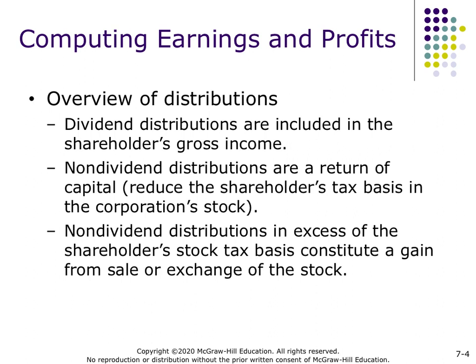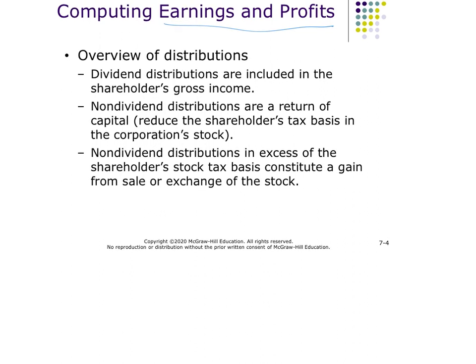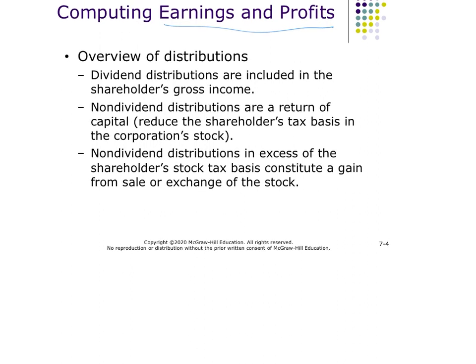All right, so maybe a new topic that you've not had a lot of experience with previously is earnings and profits, okay? So when we say earnings and profits, what are earnings and profits?